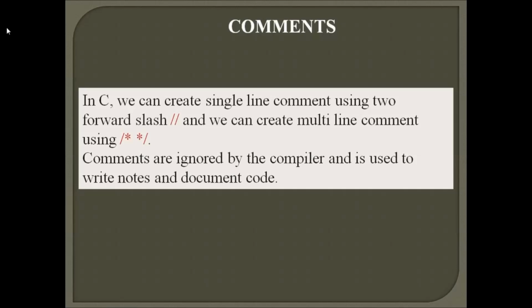Either double slash comments, using 2 forward slashes, or multi-line comments using slash star, and closing the comment with star slash. One more important thing, comments are mainly for the user's purpose. They are not compiled by the compiler. Comments are ignored by the compiler, and are purely used to write notes and document code.